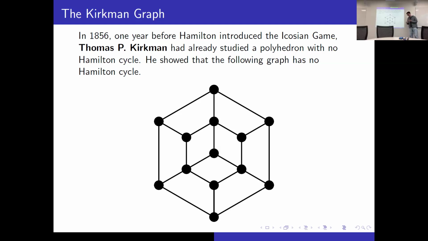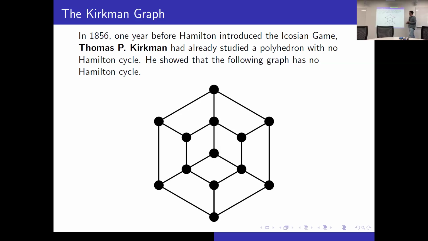He discussed that if I have a polyhedron and its dual, and we know a Hamilton cycle of each of them, we can use them to represent the polyhedron. But actually in Kirkman's paper, there are some false claims.